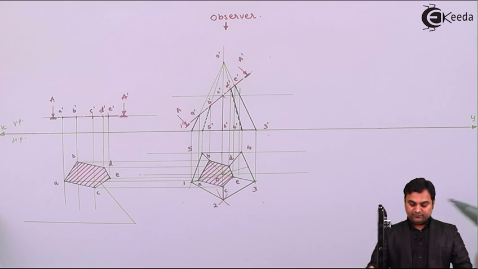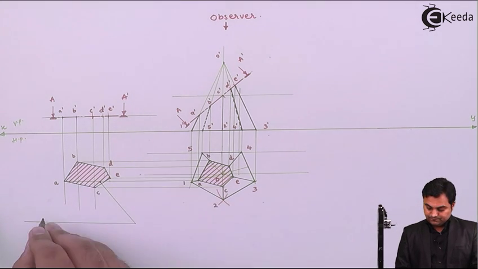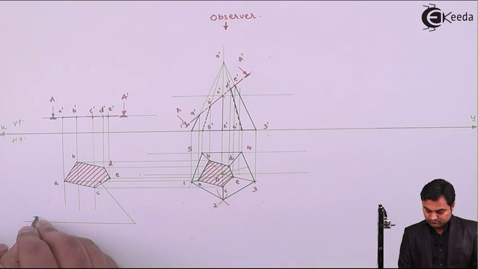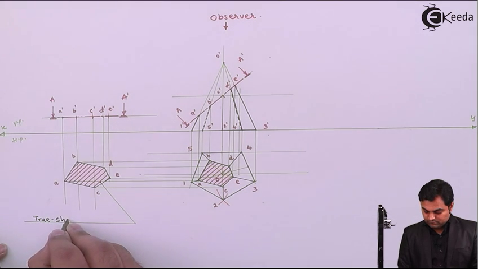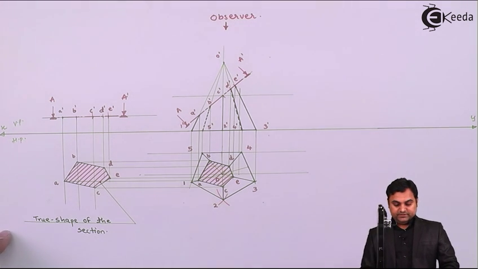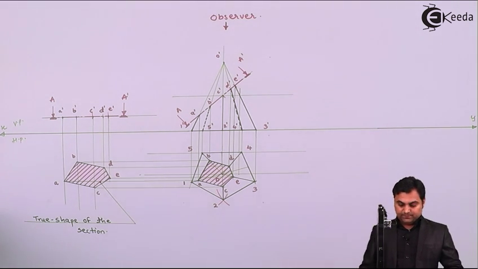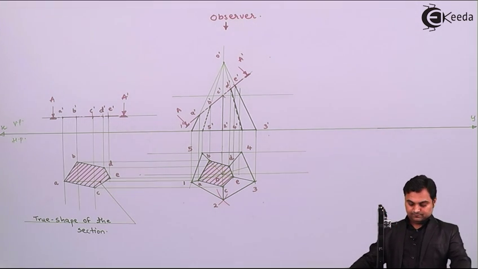This is the true shape of the section. Next, after getting the true shape of the section, I'll give the dimensions.